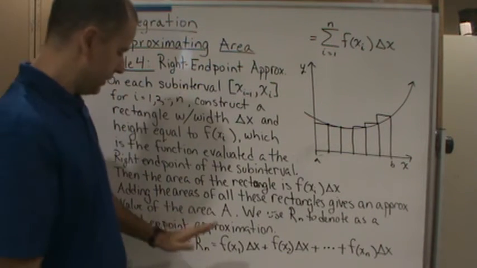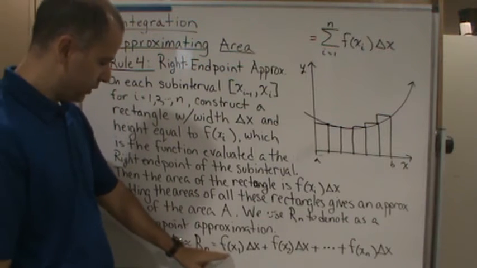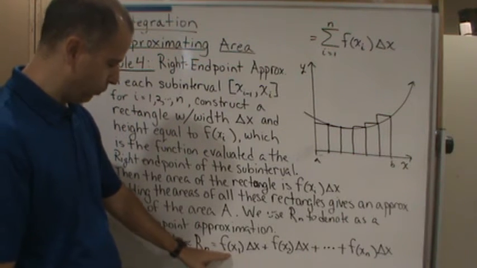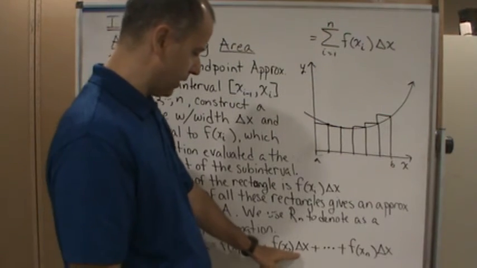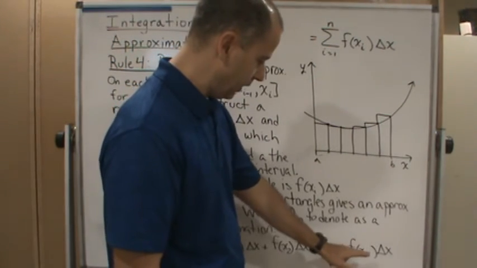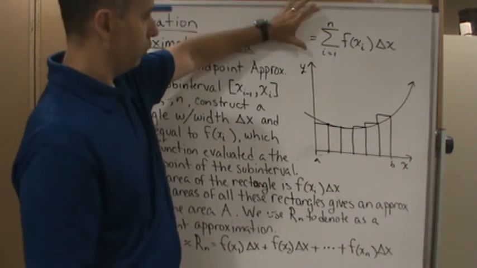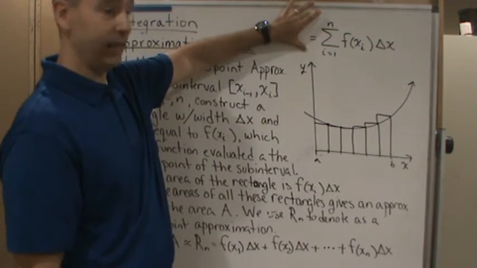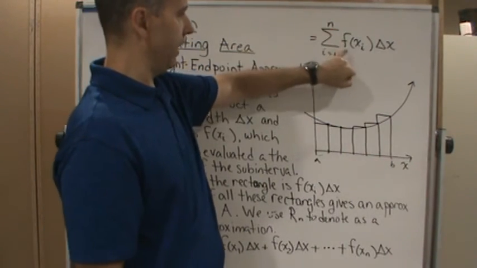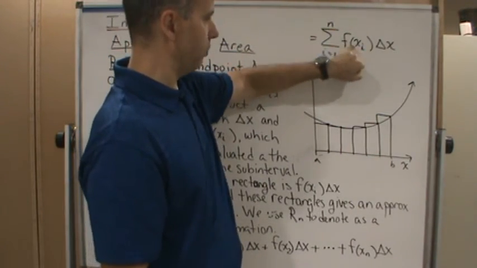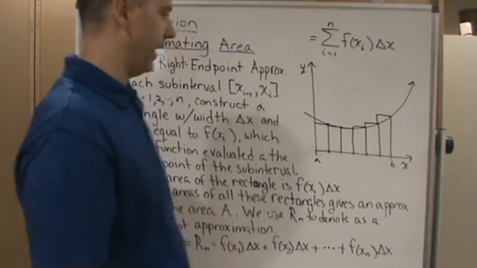And so we can say that A is approximately equal to R sub n, which is given by f of x sub 1 times delta x plus f of x sub 2 times delta x all the way to f of x sub n delta x. And of course, we can write this as a summation: the summation of i equals 1 to n of f of x sub i, the right endpoint, times delta x.